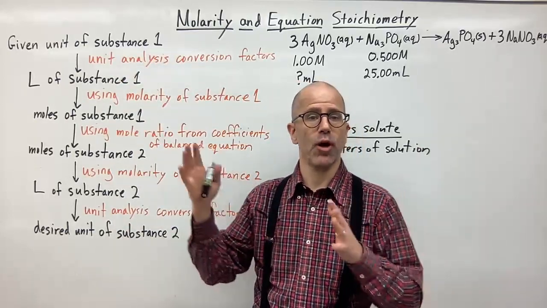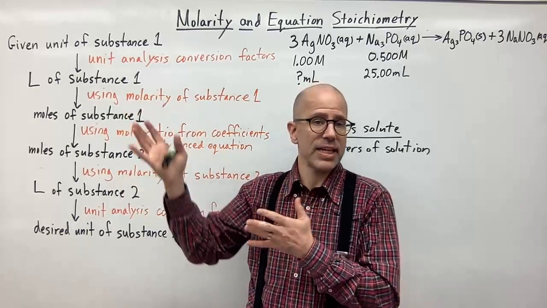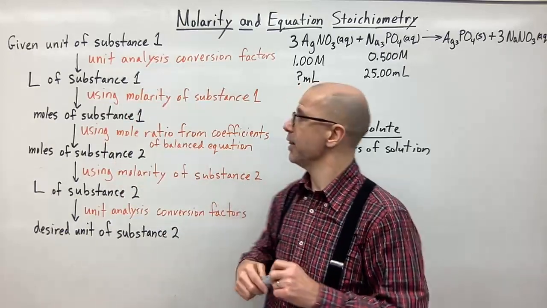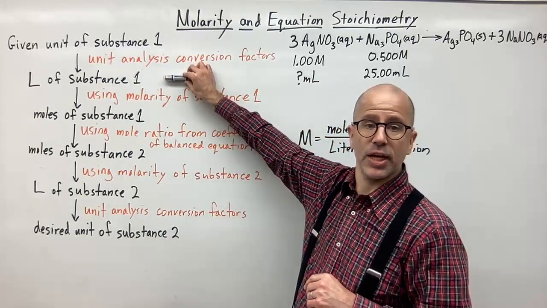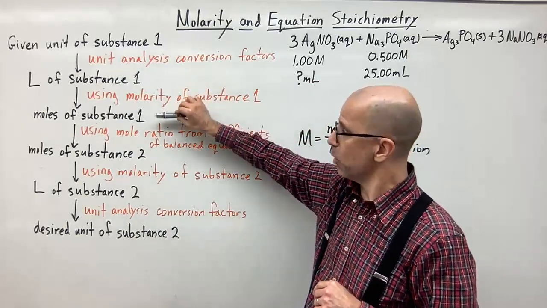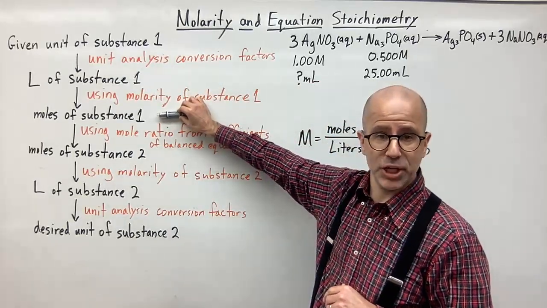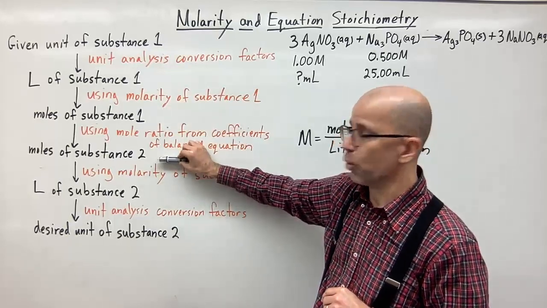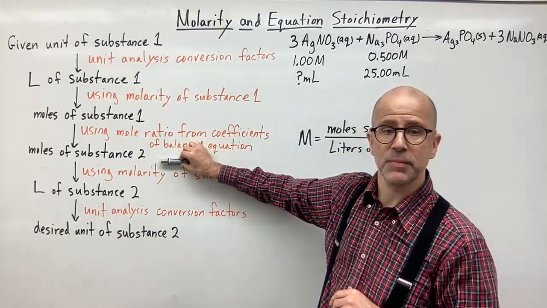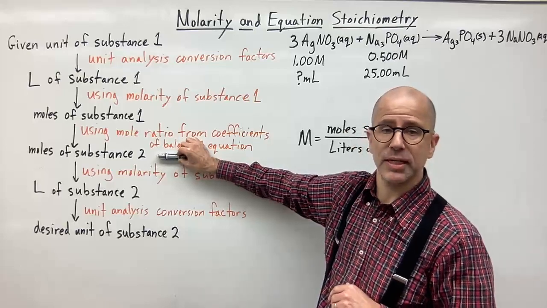So you can go from whatever unit you have, say kilograms, to grams. Then you could use the molar mass to convert to moles, and use the mole ratio in the equation to convert that to moles of your other substance, substance 2.